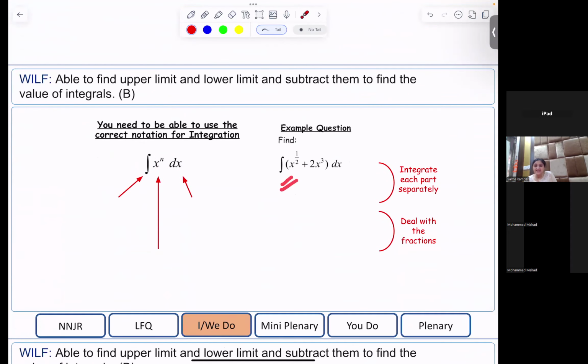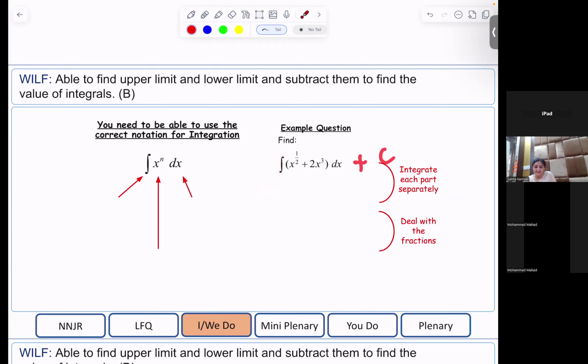Okay. When you're integrating, what is your first rule? It should always be in the indices form. Okay. Second rule? Integrate each term separately. Okay. Third rule. Is this definite or indefinite? Indefinite.